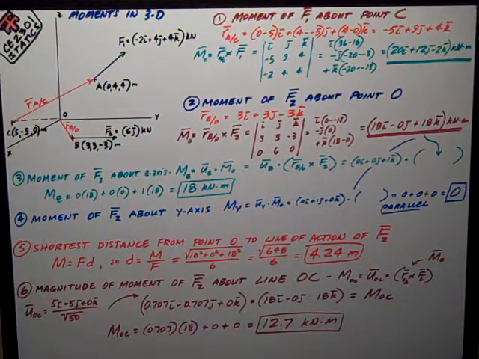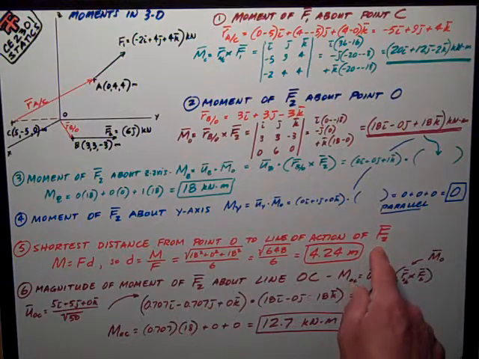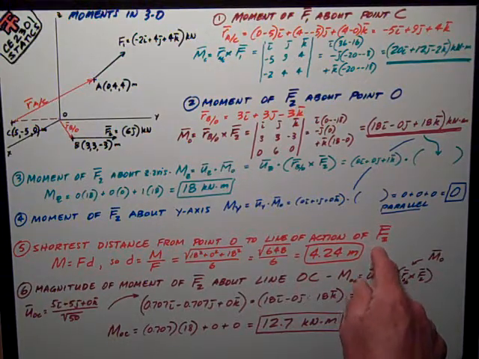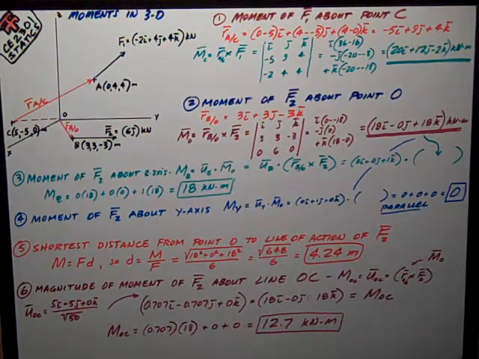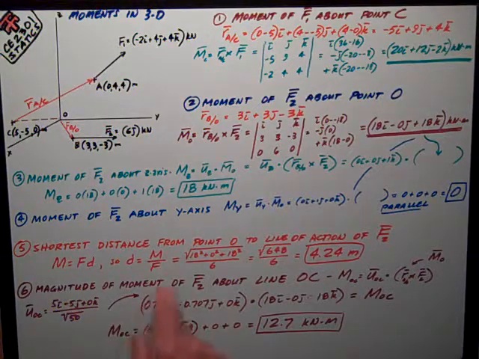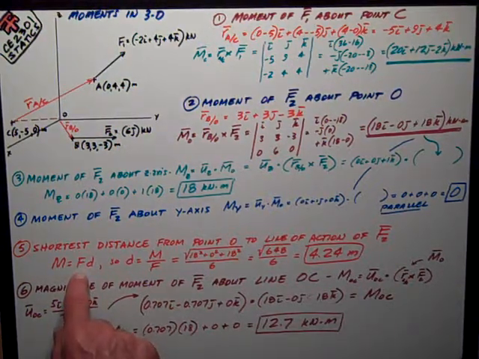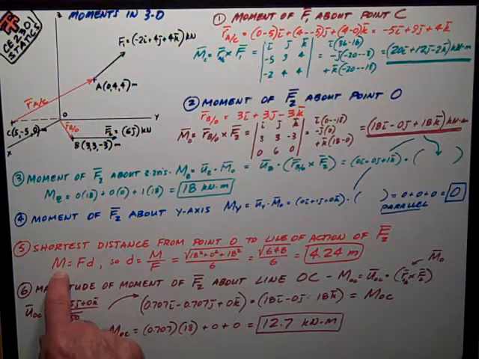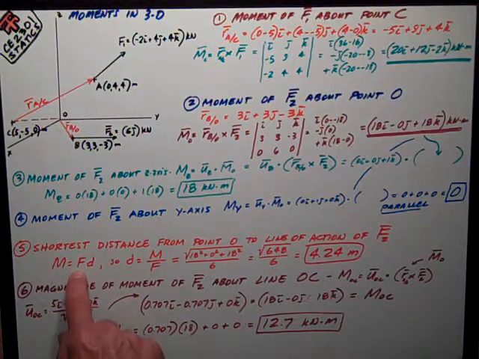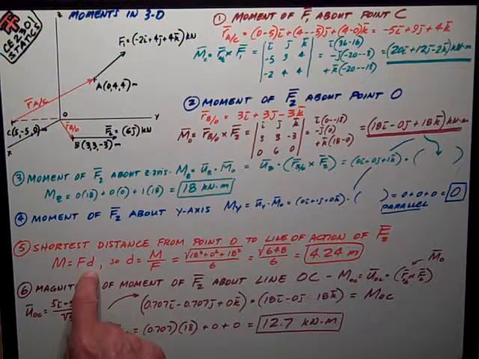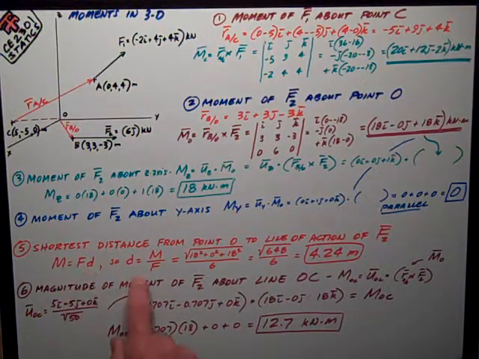Part 5, the shortest distance from point O to the line of action of F2. I've got all the numbers, I just need to figure out how to calculate it. I look on my equation sheet, I see M is equal to F D, and these are all scalars. The scalar magnitude of the moment is equal to the force magnitude times the distance d, and that is the shortest distance.